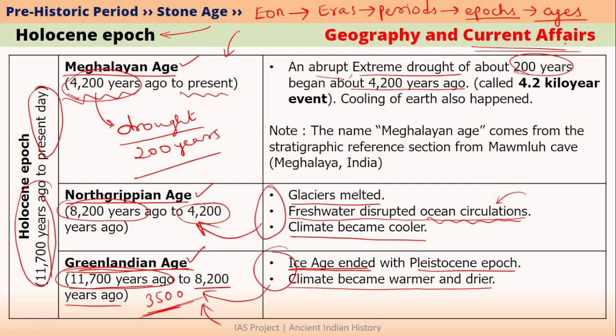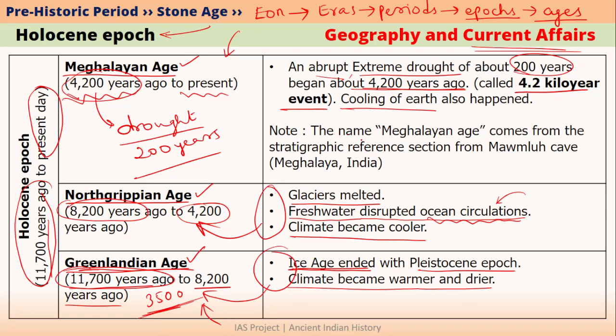This event in history is also called the 4.2 kilo year event. Kilo year means 1000 years. 4.2 kilo year means 4200 years ago event. What happened 4200 years ago was an extreme drought with the starting of Meghalayan Age. And another thing that happened was cooling of Earth.